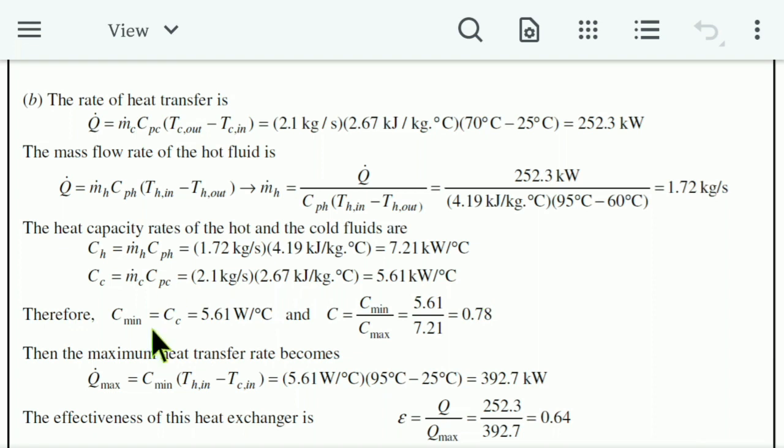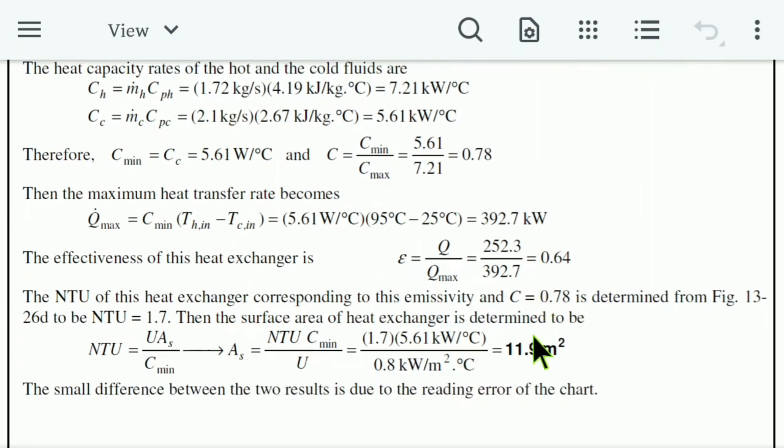Therefore, C min is equal to Cc, 5.61 kilowatt per degree Celsius, and C is equal to C min divided by C max, that means 5.61 divided by 7.21. So this is the value of C, 0.78.